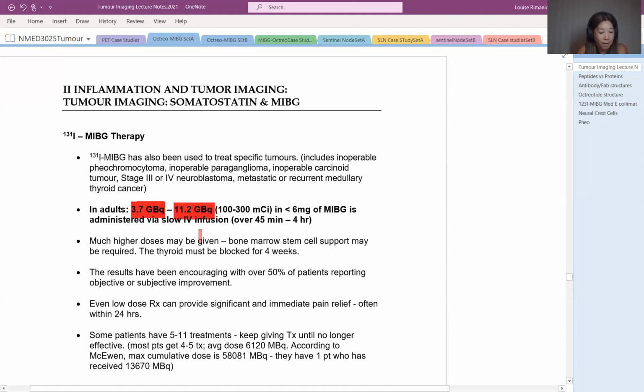Remember, what was the dose that we were giving? 37 megabecquerels for imaging, and we're giving up to 11 gigabecquerels for treatment. And this is given in less than 6 milligrams of MIBG. It's given via slow IV infusion, anywhere from 45 minutes to 4 hours.